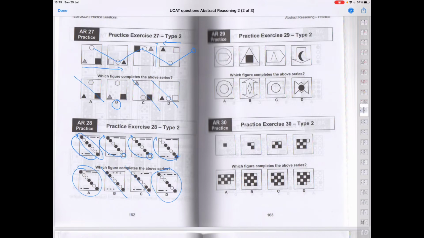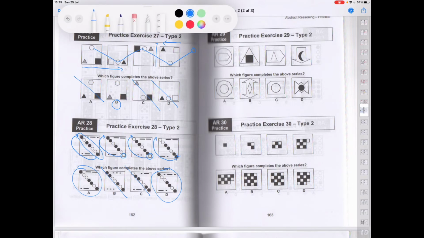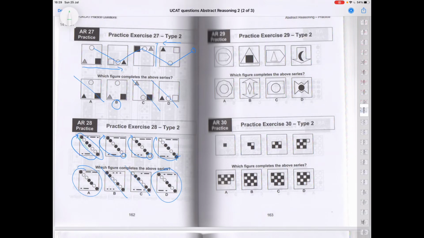So if I just change colour pen to try and illustrate it for you. Where's my pens gone? There they are. So here we've got short, long, short corresponds to the black, and then the white is the one underneath.